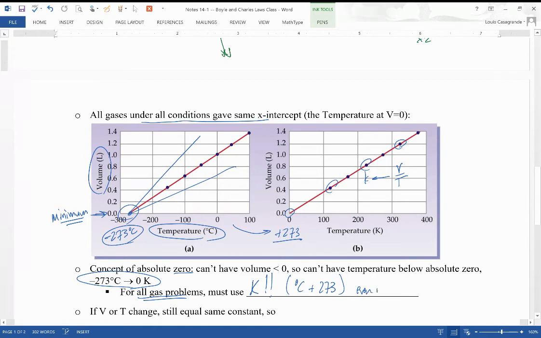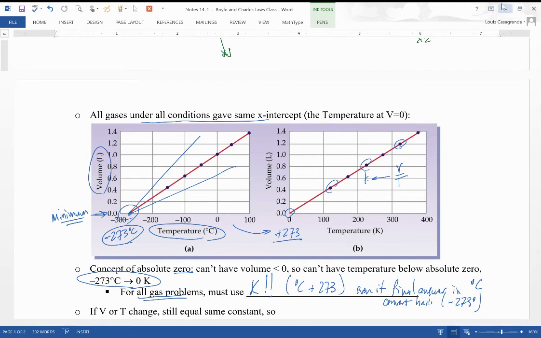Even if your final answer is in degrees C, you're going to convert to Kelvin first, and then you're going to convert back. And to convert back, just subtract 273 from the Kelvin answer to get to degrees C. And on the homework, you'll see a couple of those.